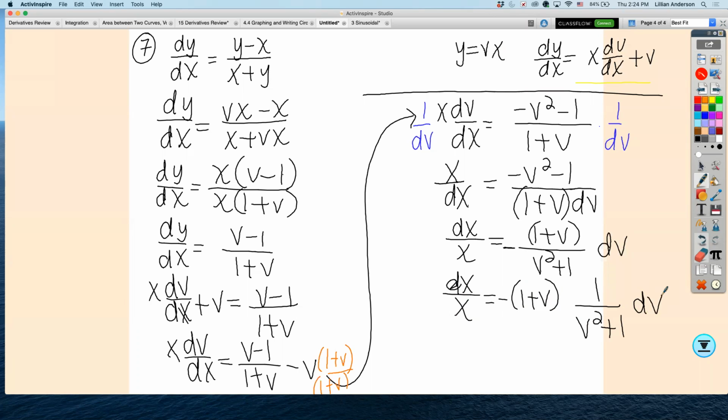And then integrate both pieces. So the left side would just turn into ln of x.